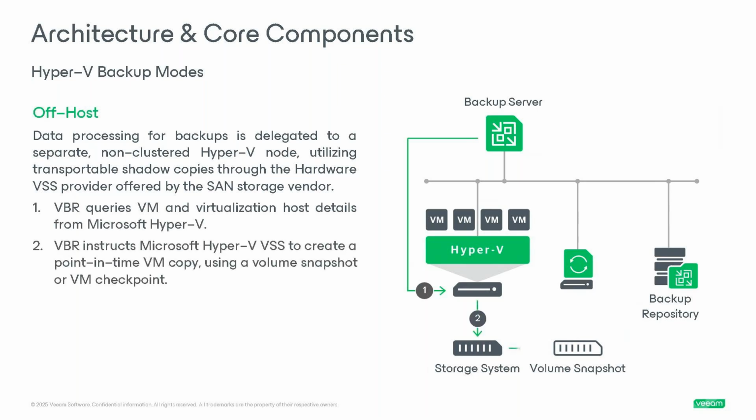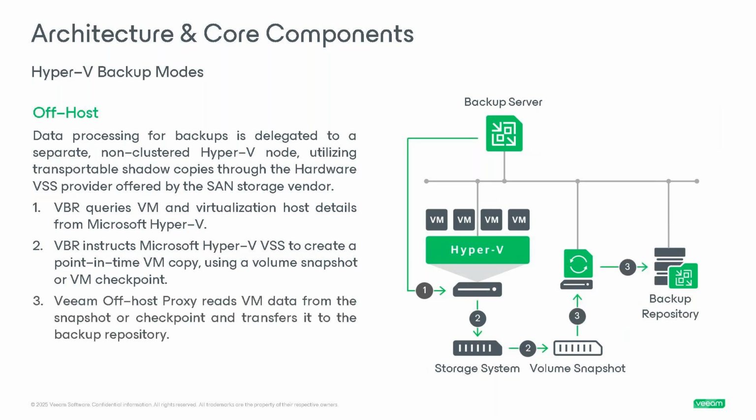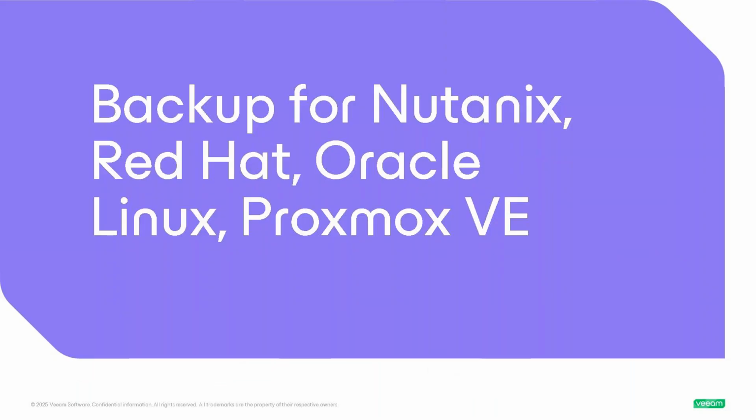So it's a similar process, but the node that will be processing the data and transferring it to the repository is off the host, to relieve the host from that processing. If you needed to do that, that would make sense. And if it's a physical server, you can allocate resources to make that run faster. There are some SAN integrations too that you could use. Then the cleanup operation, and so those are essentially the two types of proxy options for Hyper-V.